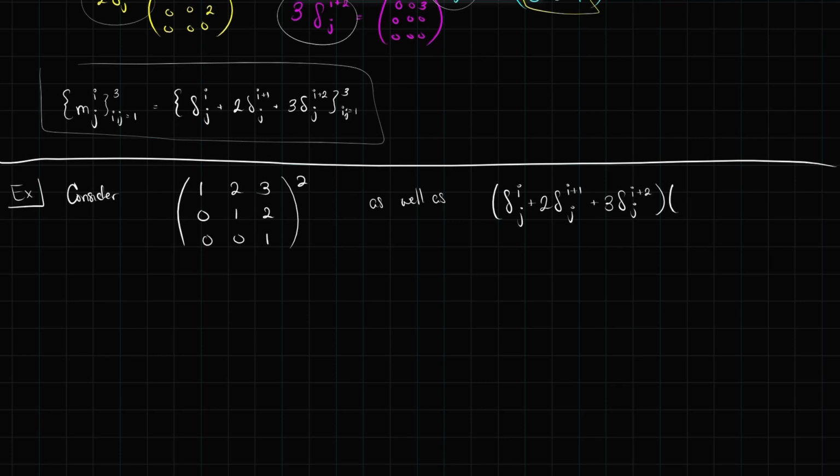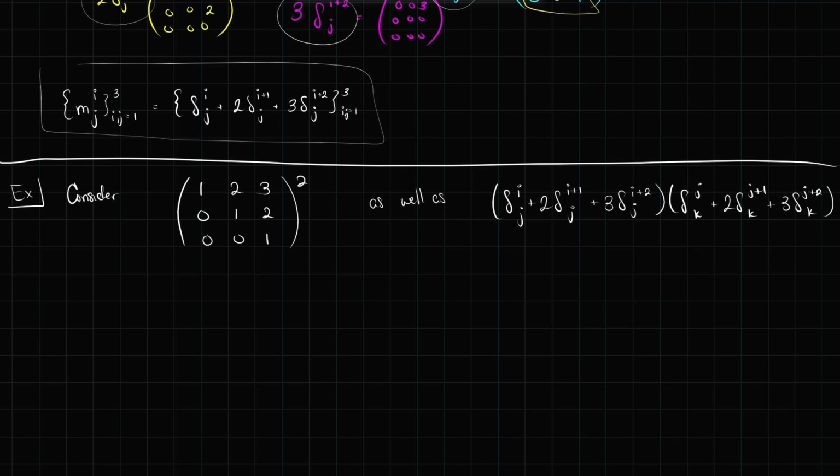And then if I were to multiply it by another matrix, keep in mind when I defined matrix multiplication using Einstein summation, it would be like the following. Notice that the second matrix gains the superscript, which is the subscript of the first matrix. So when I'm squaring this, I'm going to replace the superscript with the subscript of the first matrix, which was j in this case, and then give myself a new subscript. So delta_jk plus 2 delta_(j+1)k plus 3 delta_(j+2)k.